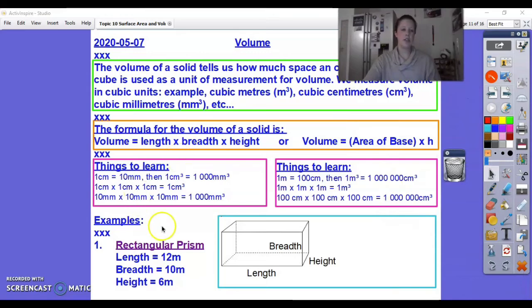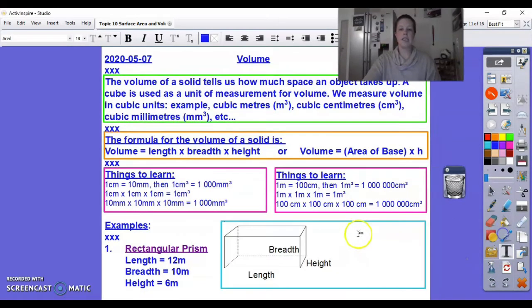Right, so let's go to an example. I have a rectangular prism with these dimensions: 10 meters, 12 meters, and 6 meters. And I ask you to calculate the volume of this rectangular prism. First things first, I'm going to draw my diagram, which I have on the left-hand side. I've then made sure I have labeled each dimension.